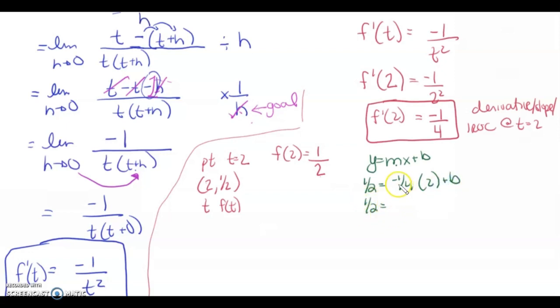So 1/2 equals -2 over 4, which is -1 over 2, plus b. I'm going to bring this over to the other side. I get 1/2 plus 1/2 equals b, so 1 equals b. So the equation of our line is y equals -1 over 4 x plus 1.